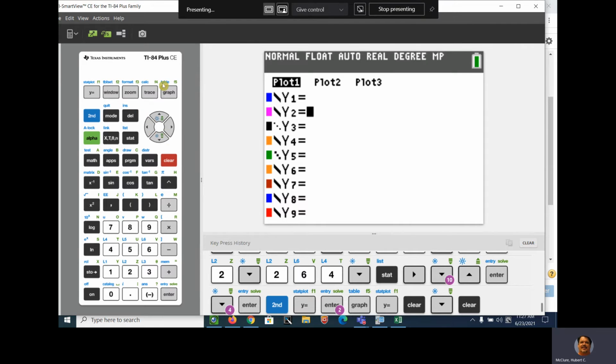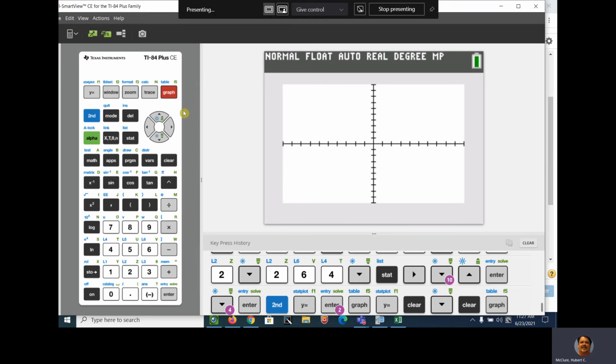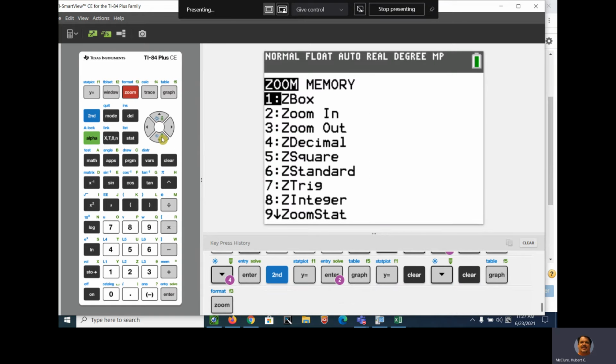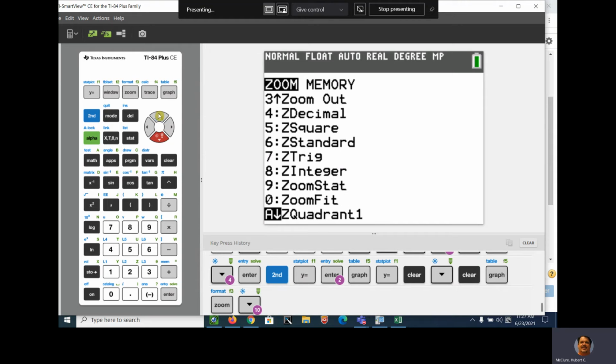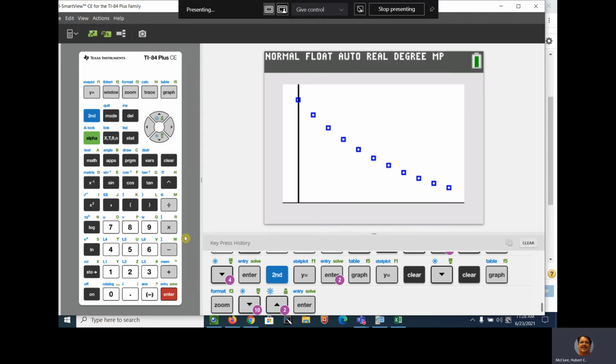Now hit graph. And let's go to second zoom and go down till you see the word stat, which is 9. All right, there's your plot of your points.